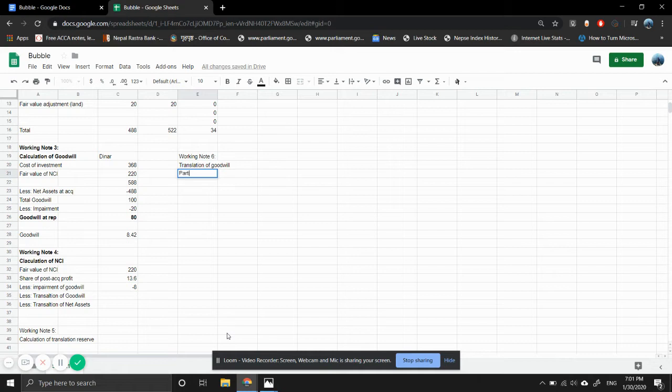Okay, so particulars, and then after that dinar, exchange rate, and then dollar. So opening, or it will be goodwill at acquisition. Okay, so this is the same figure, so this is in dinars, right?